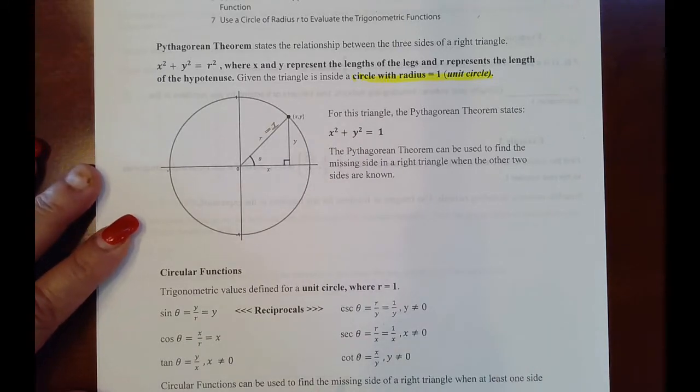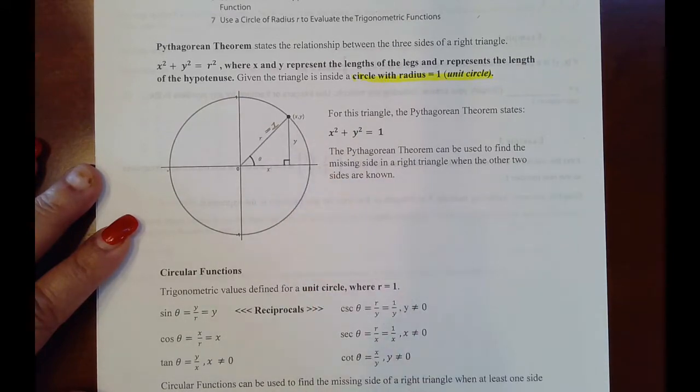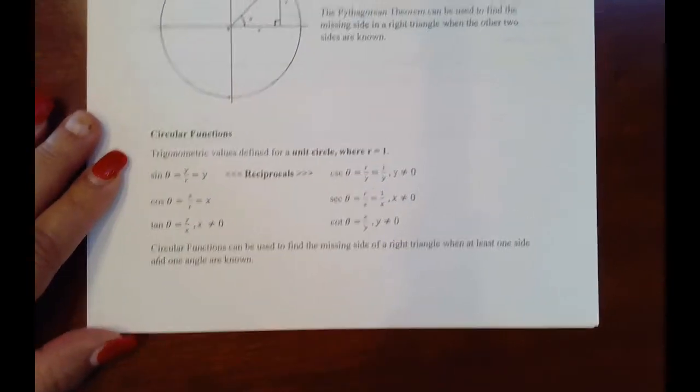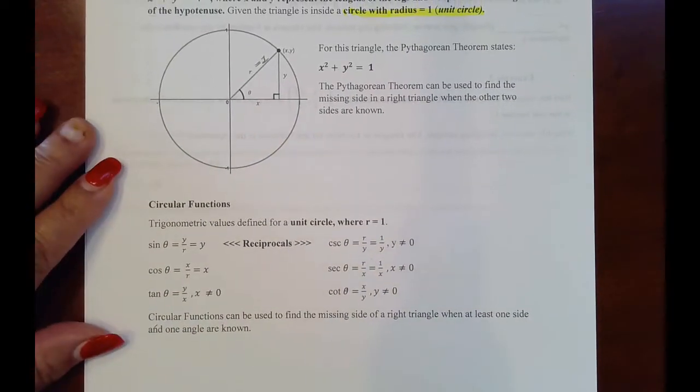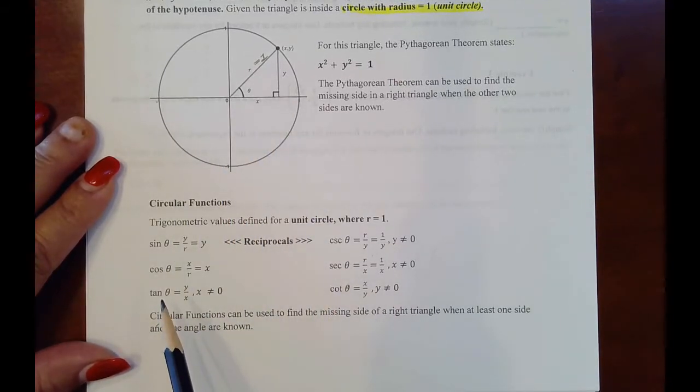Other ways that you can find missing values on a right triangle would be the following. These are some definitions that go with this picture right up here. And these are how to find the values for the 6 trig functions that we're going to be working with throughout this course.